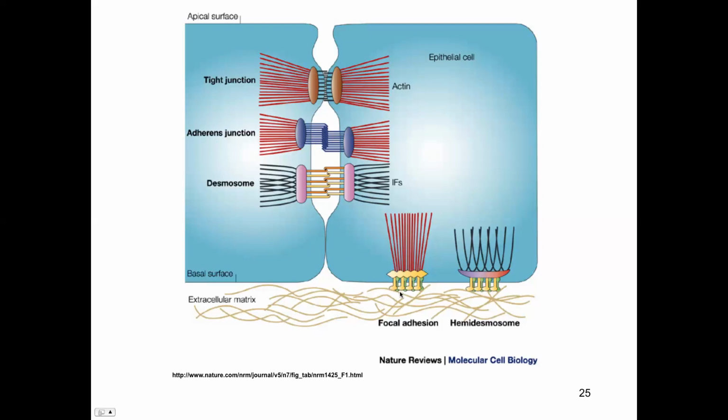Now, there's also connections to the basement membrane. So here we're going to have cell to the extracellular matrix. The first one would be hemidesmosomes in my notes, okay? So here, again, you have connections to intermediate filaments. And then instead of being via adherens, you've got integrins here, okay?